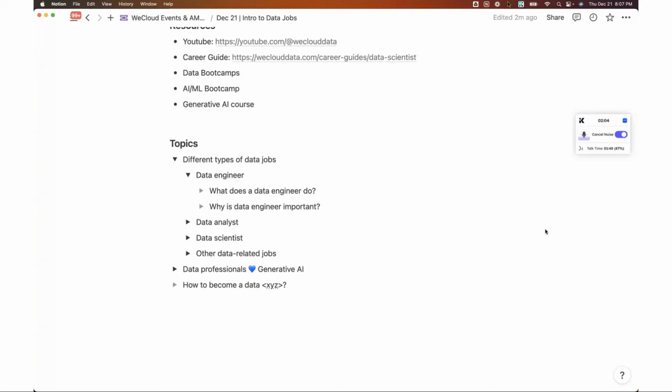You can type your message into the Zoom chat, or feel free to unmute yourself as well. Anybody coming from the data industry already? Maybe you work as a data engineer, or as a business analyst.